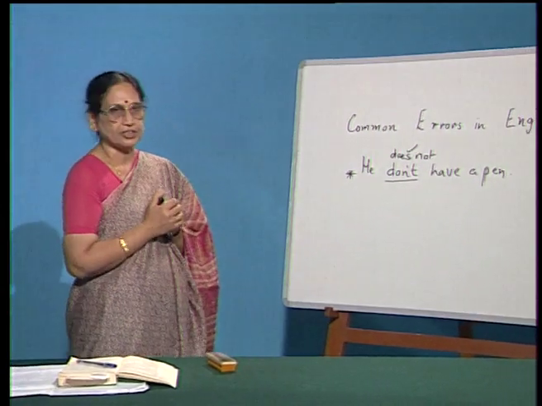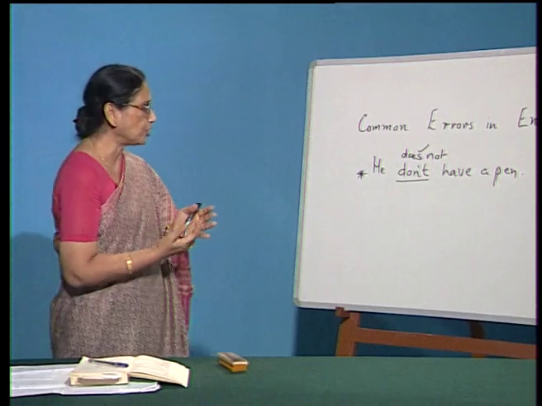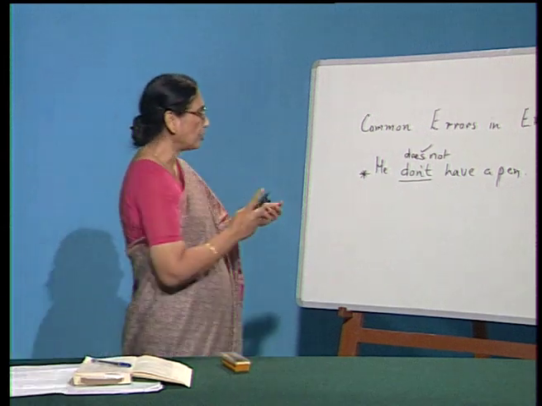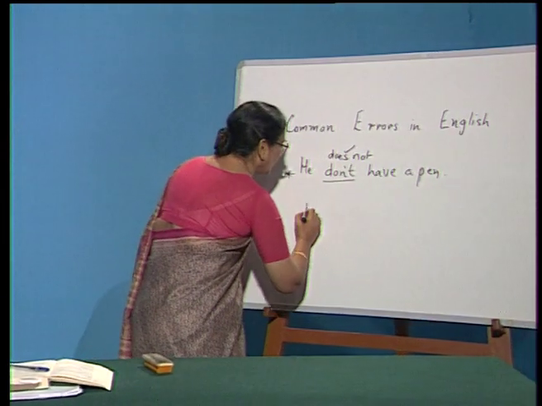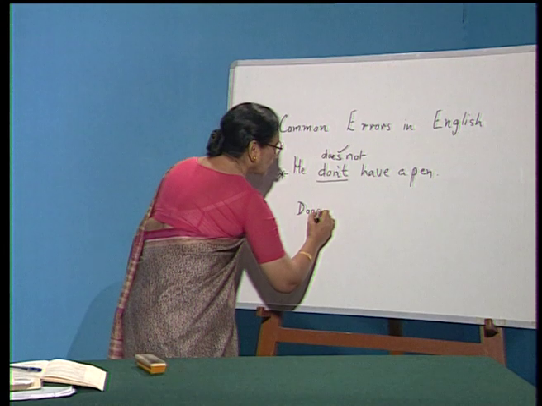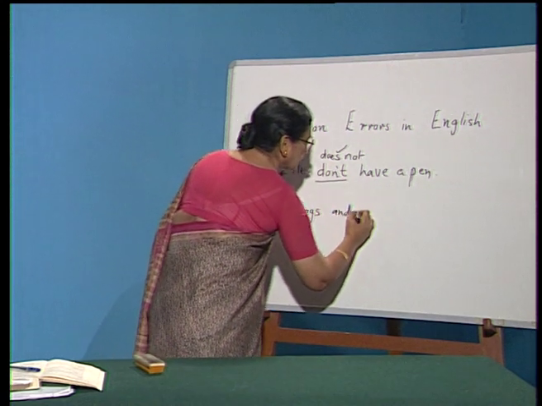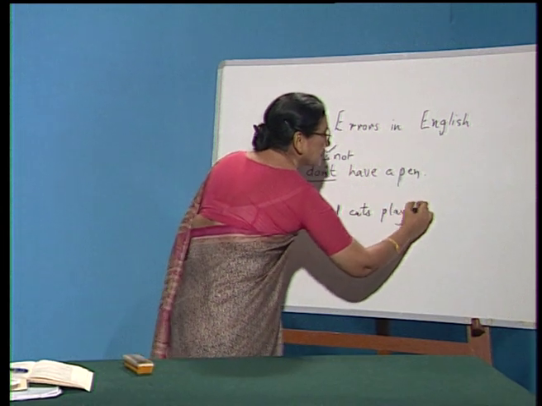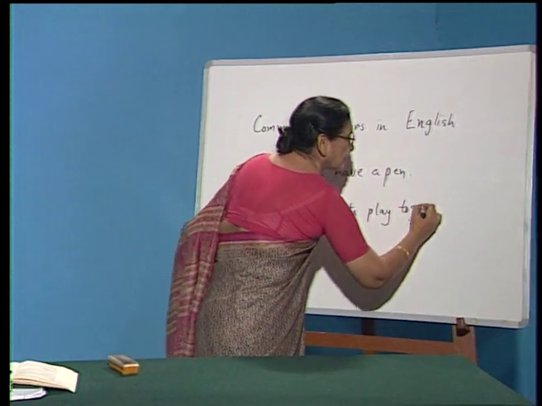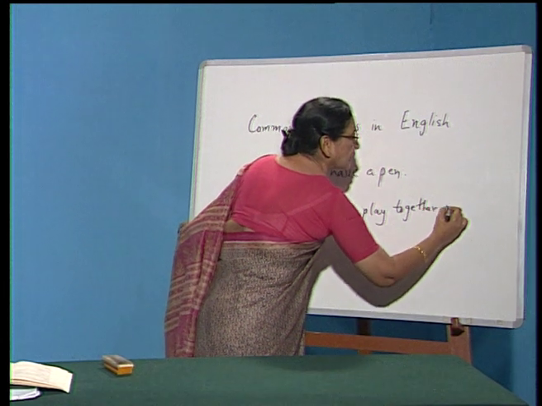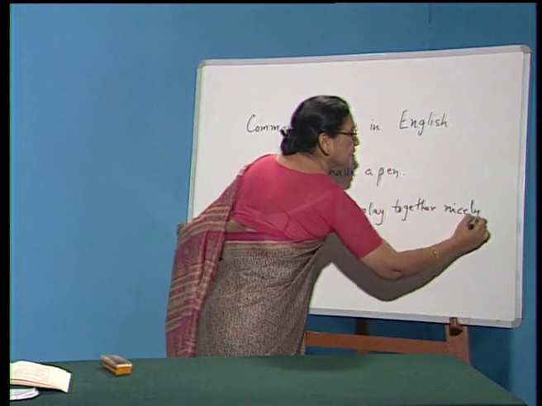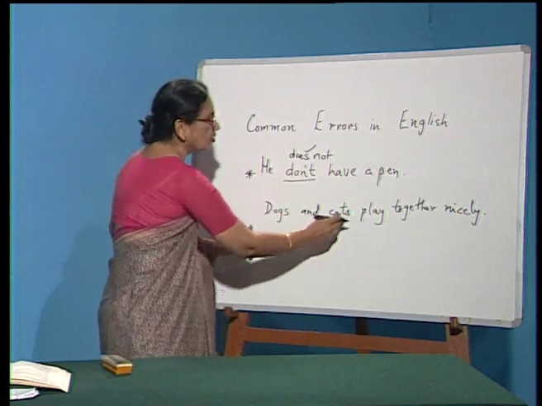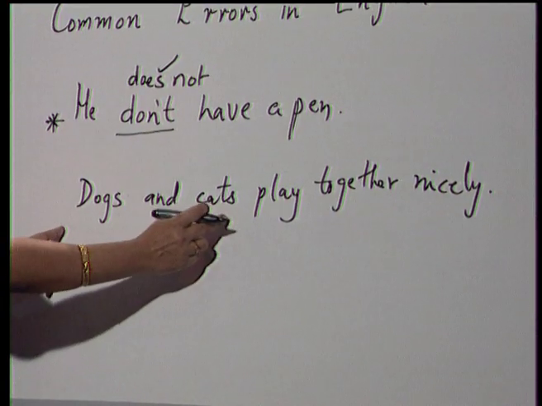Dogs and cats. In a sentence like this one, which I am going to read to you now, dogs and cats play together nicely. Dogs and cats play together nicely. In this sentence, play matches the two nouns dogs and cats, play.